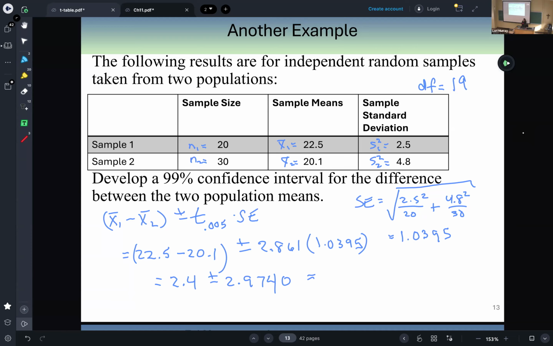Anybody have a minimum value? Yeah, negative 0.57. Oh, it's still 5.37. Is it 5.374? Yeah.